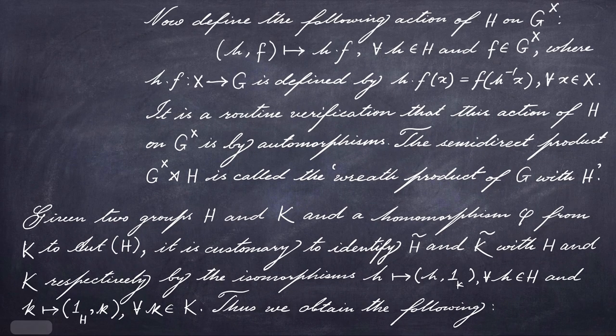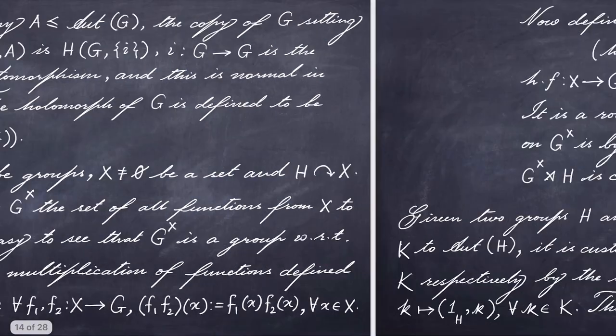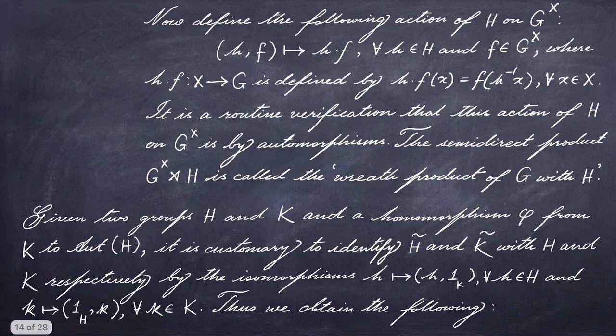And now we are going to define an action of H on G^X. Remember that H already acts on X. So how is that defined? It's defined in the most natural manner: for any h and f, hf is defined like this. And like earlier, I leave it to you to check that not only does this define an action, this action of H on G^X is by automorphisms.